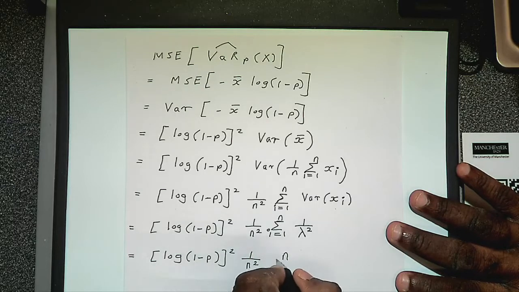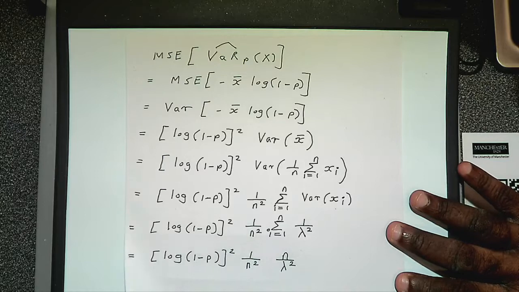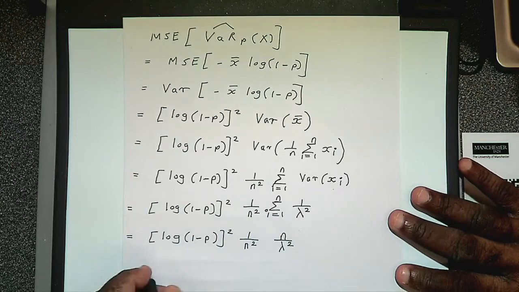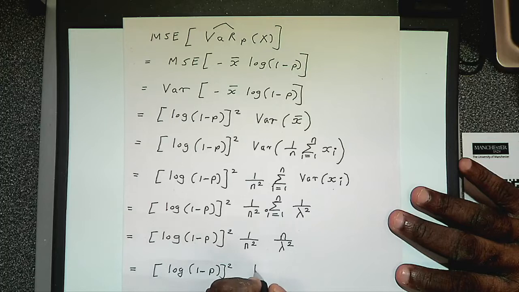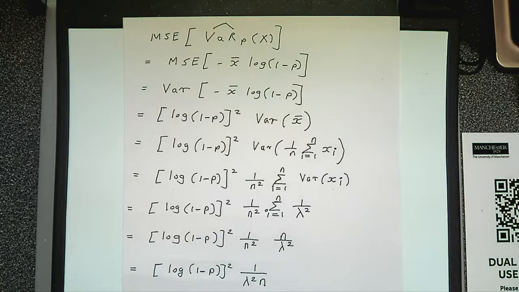So this is n divided by lambda squared. Okay, so this is the answer.